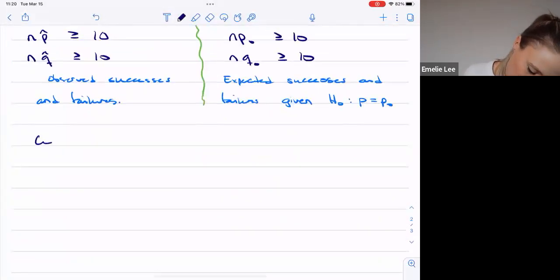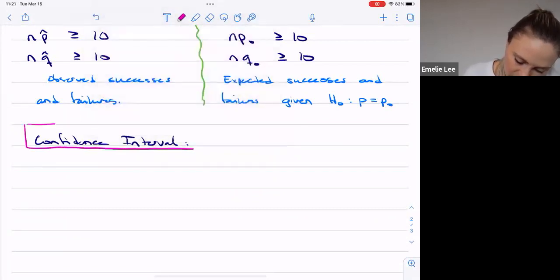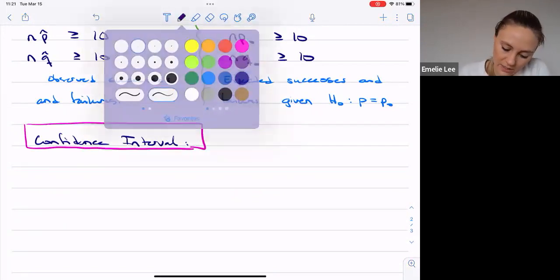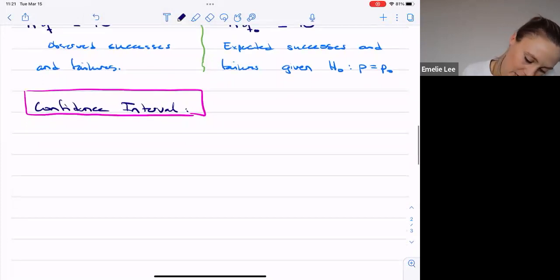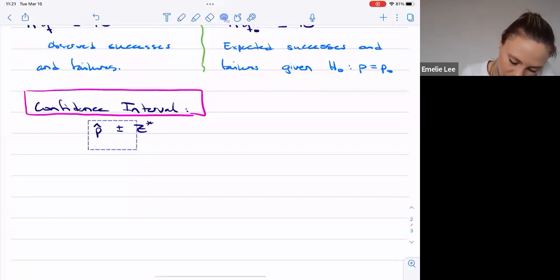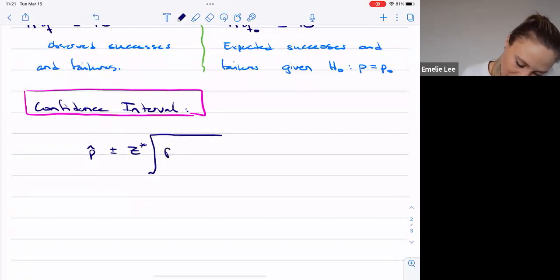Okay, so if I have to do a confidence interval in general, my confidence interval is going to be p hat plus minus some z star times the square root of p hat q hat over n.